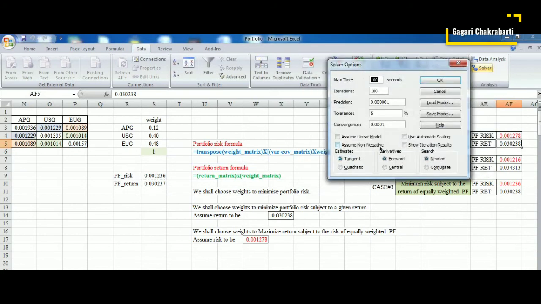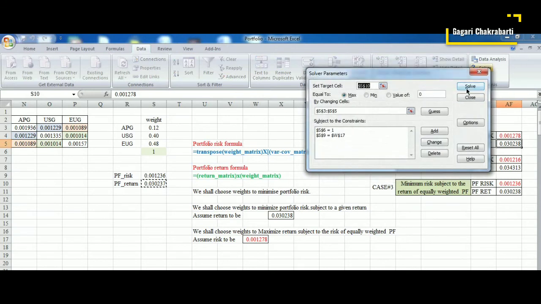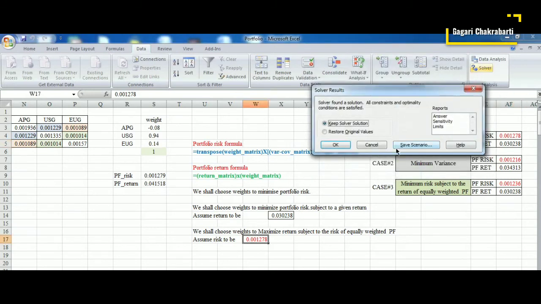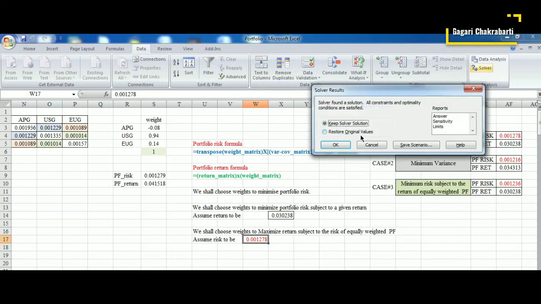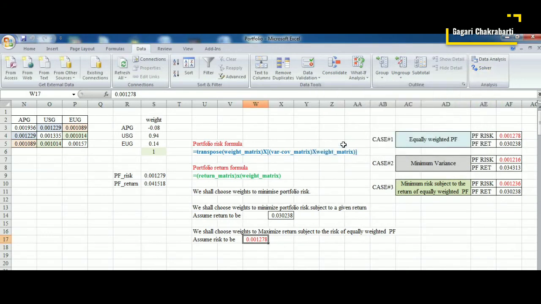So now we are not putting any ban on short selling. We are saving it as case 4 under the Scenario Manager. And then we solve.